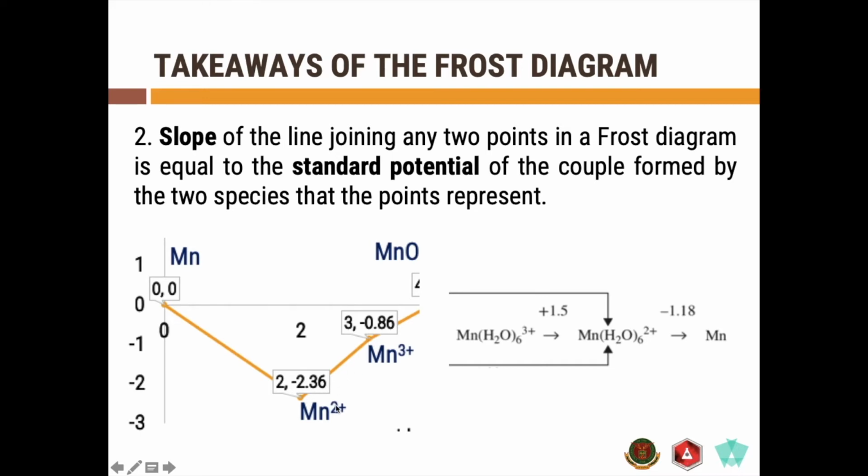So you can say that the standard reduction potential is positive. And if you get the slope of this line, you will get a value equal to 1.5.